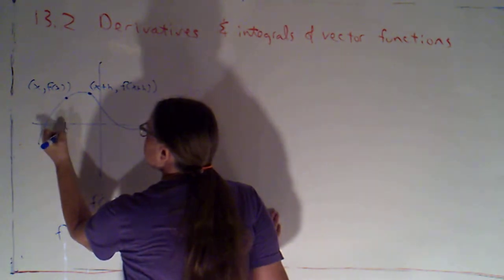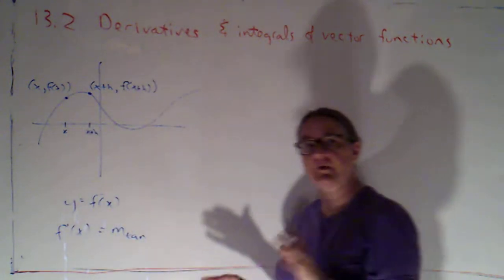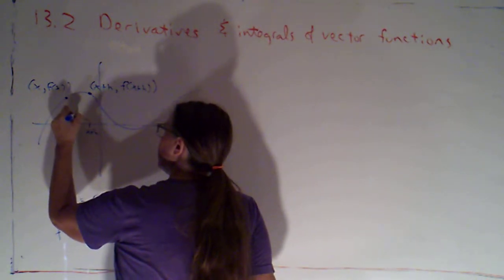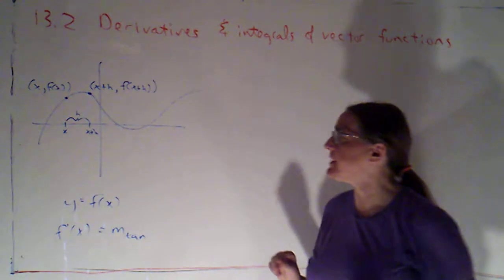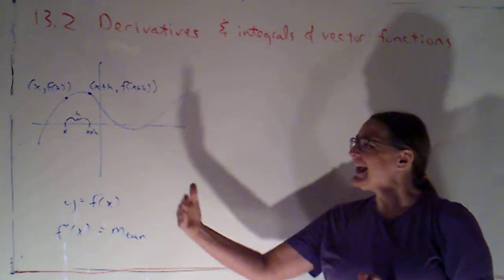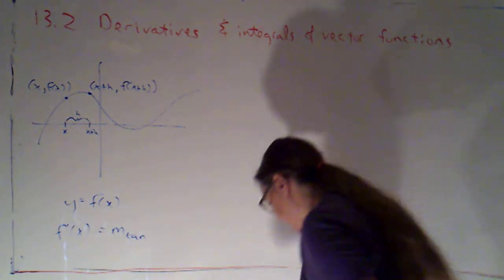So if here's x, here I've drawn it so that h is positive, so that x plus h is to the right, and then h is actually just that distance between them. If h was negative, x plus h would be to the left, and h would be the signed distance between those points.